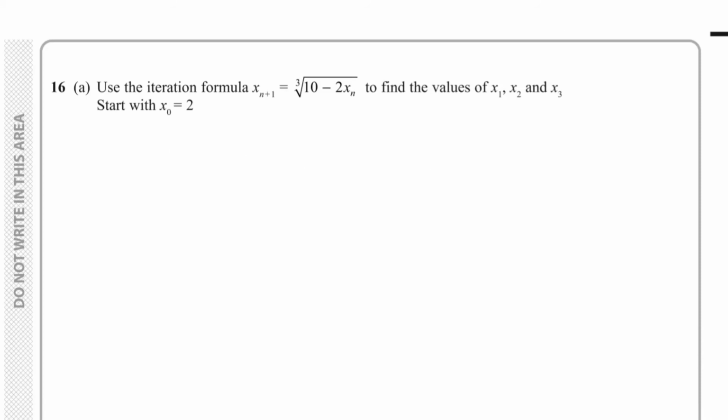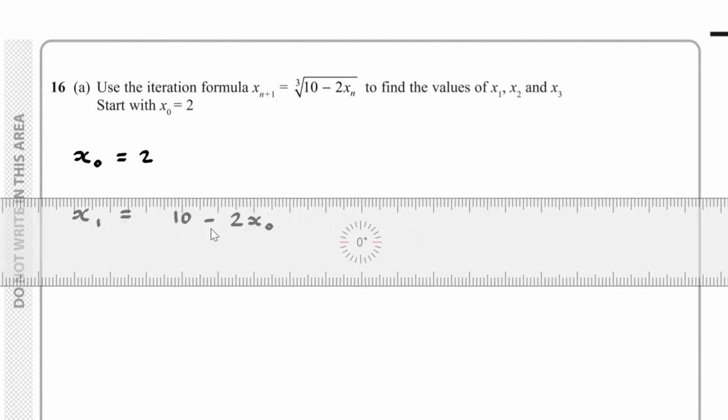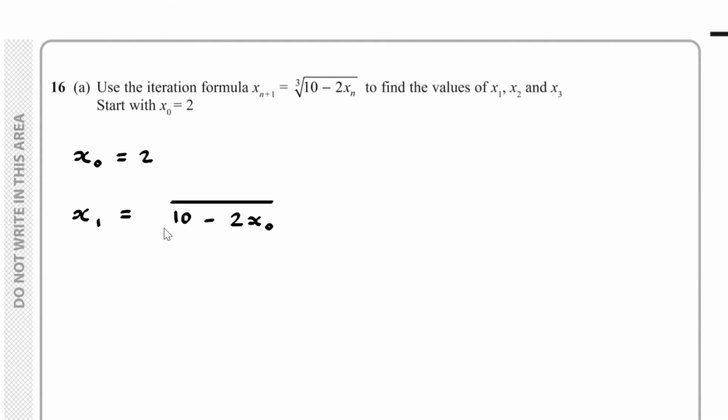Question number 16. For part A, use the iteration formula x n plus 1 equals the cube root of the square root of 10 minus 2 x n to find the values of x1, x2 and x3. We have to start with x0 equaling 2. Well, we've got x0 which is equal to 2, x1 is equal to 10 minus 2 x0, cube rooted.